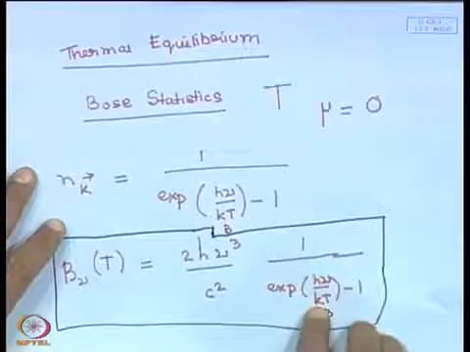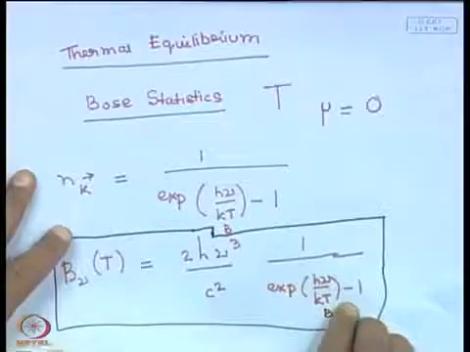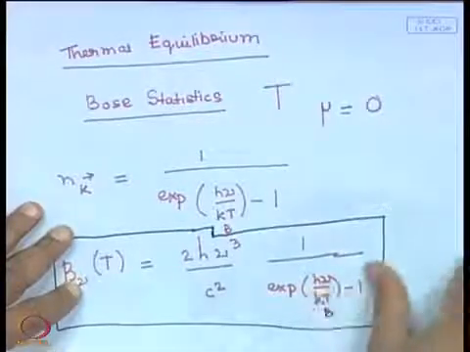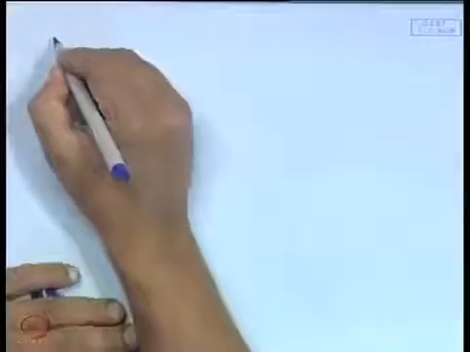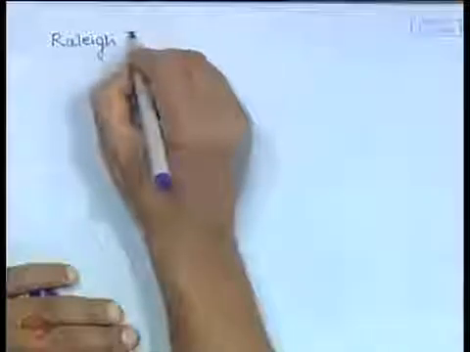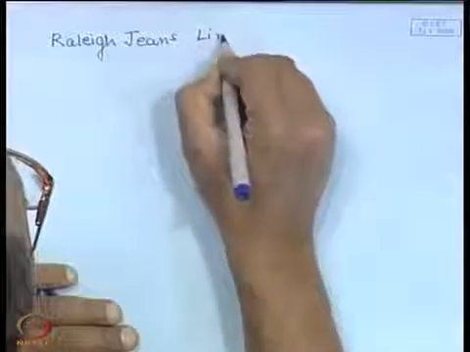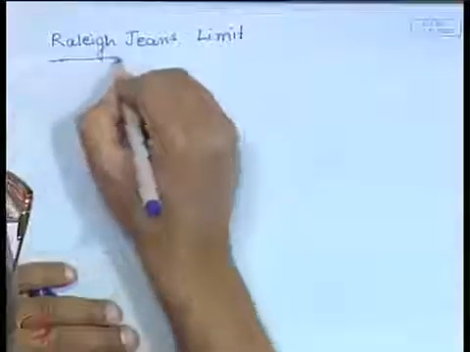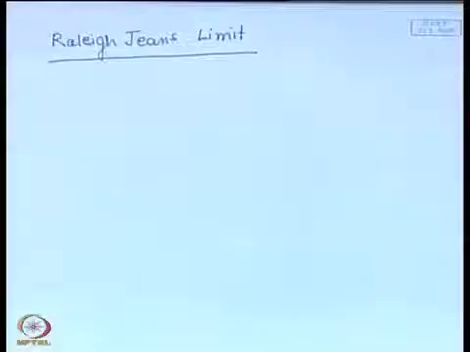First we will consider a certain limit, the situation where h nu by kb T is much less than 1. This is called the Rayleigh-Jeans limit. So, we will first study the Planck spectrum in the Rayleigh-Jeans limit.